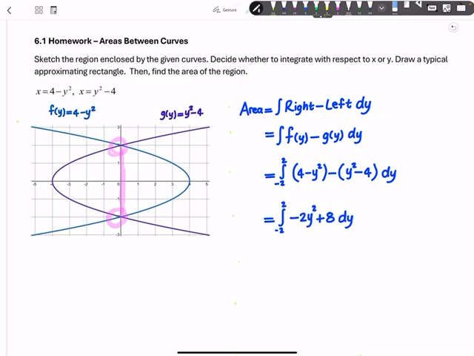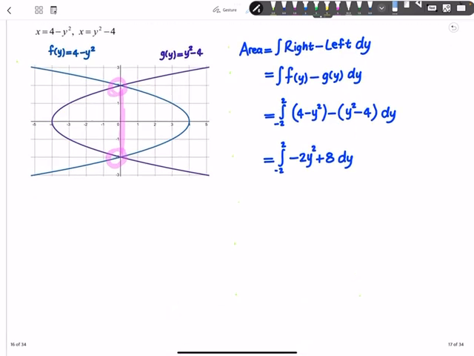With that said, it may be good to put in just one step of cleaning up before you start integrating. If we remove those parentheses, we get the integral from -2 to 2 of -2y squared plus 8 dy. All right, let's integrate. The integral of -2y squared will be -2y cubed over 3, or -2/3 y cubed.